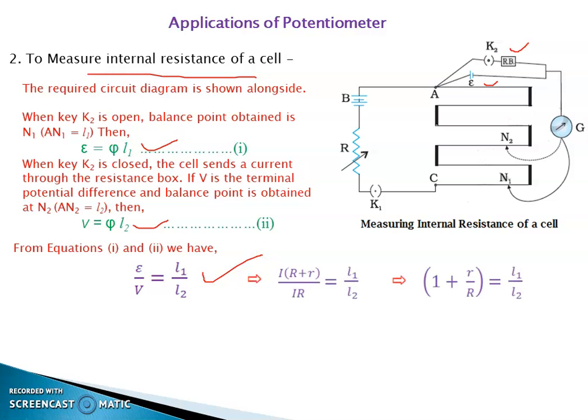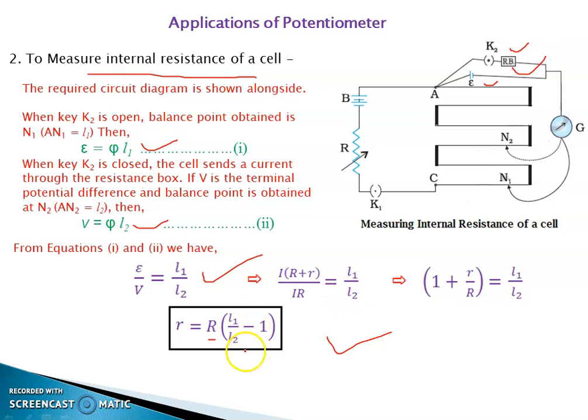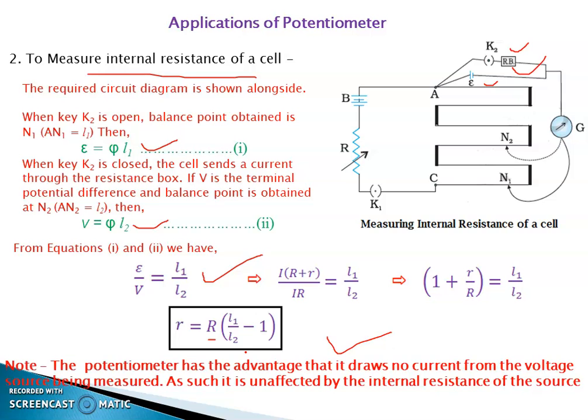After substituting the value of E, we get r is equal to R times (L1 by L2 minus 1). So we can get the internal resistance of the cell by using capital R, the resistance offered from the resistance box. L1 and L2 are measurable, so we can get the internal resistance of the cell.